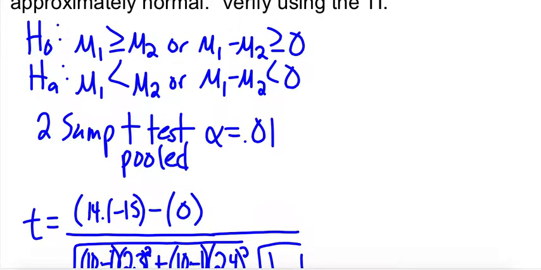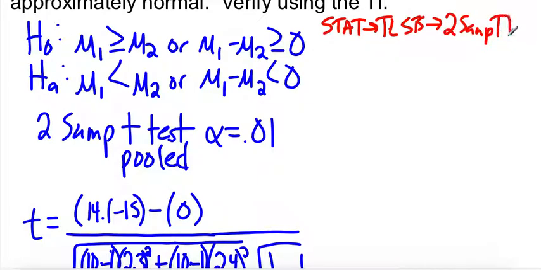Okay, you can also do this in the TI. You're going to go to stat, tests, two sample t-tests, and you're going to go to stats. You're going to fill in all of the data that we just talked about. X bar 1 is 14.1, S1 is 2.3, N1 is 10, so on and so forth.